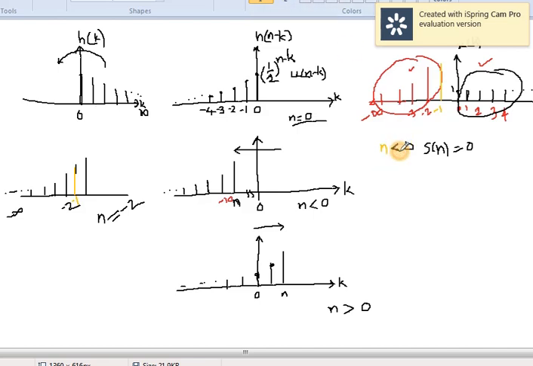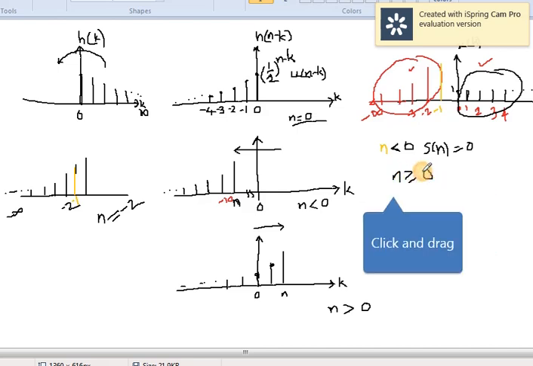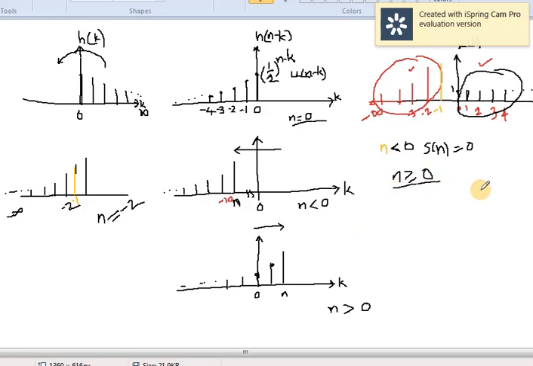So they both get multiplied and the result is non-zero for k equal to 0. Hence for n equal to 0, in h of n minus k, the result will be non-zero.